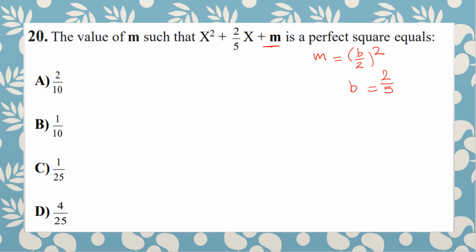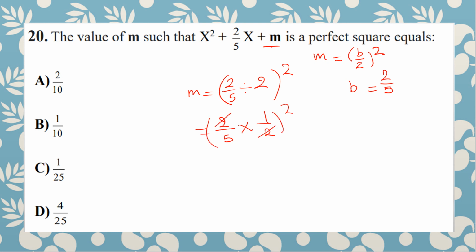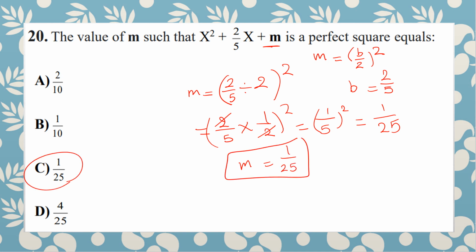So m equals (2 over 5 by 2) squared, which equals (2 over 5 times half) squared, equals (1 over 5) squared, equals 1 over 25. So m, which is the perfect square, equals 1 over 25. And the correct answer is C.